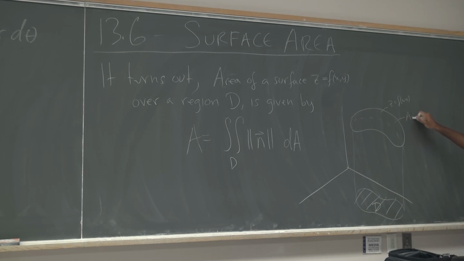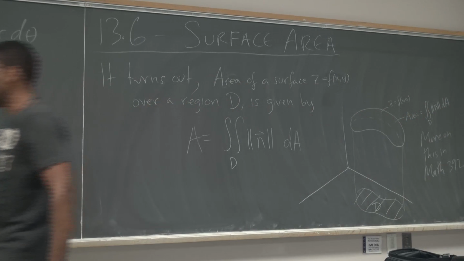The area of this surface, the part of it that's over that projection, is equal to the double integral of the magnitude of the normal vector. Okay. More on this in 392. When you do 392 vector calculus, they're going to talk about why it's true and so on. In Calc 3, we don't care. I'm just going to give you the formula.